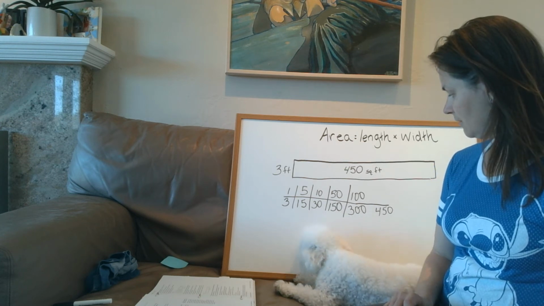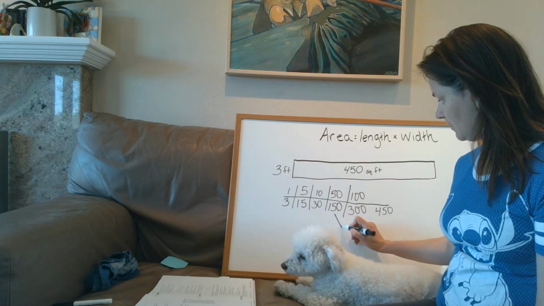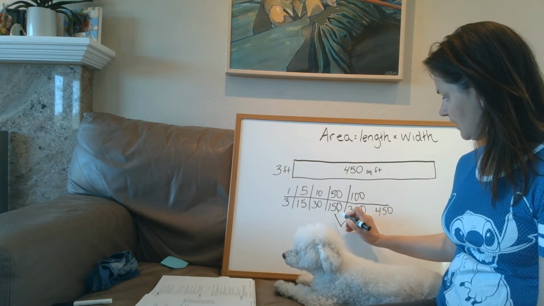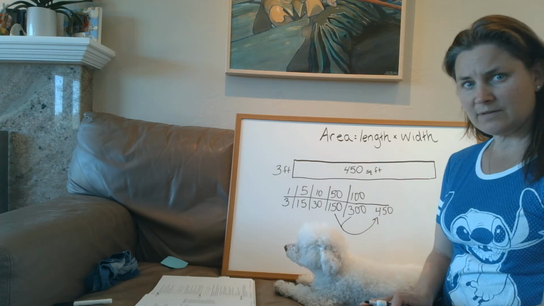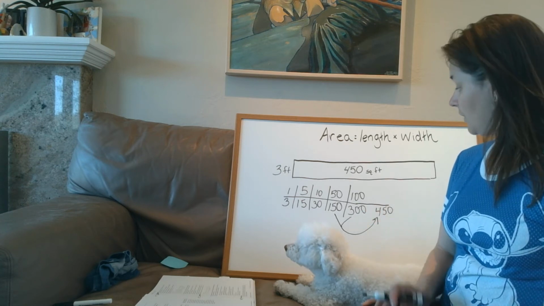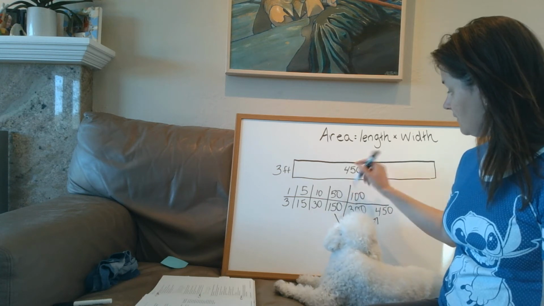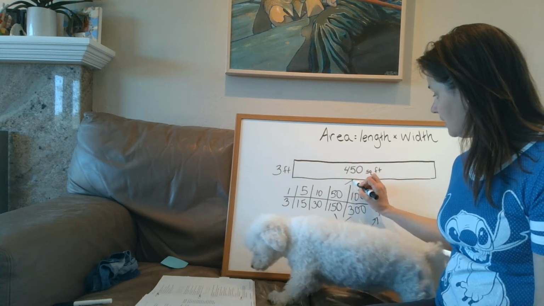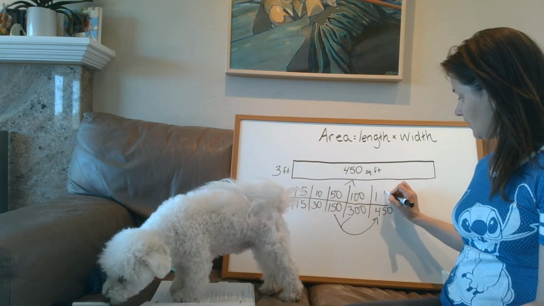Ochi's noticing. Ochi, do you see that these two numbers here, 150 plus 300, equal 450? So we can use that information to tell us that 50 plus 100 is our answer, 150.